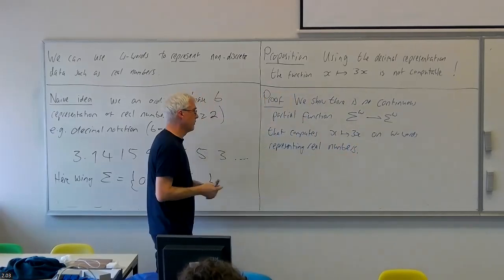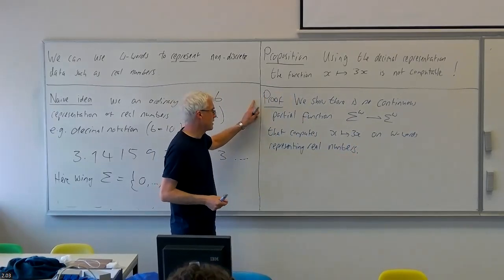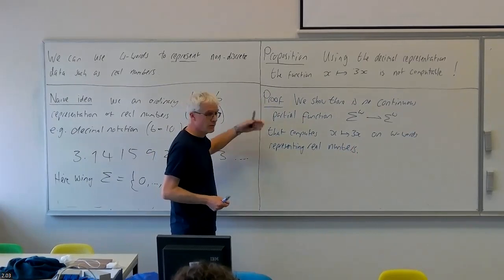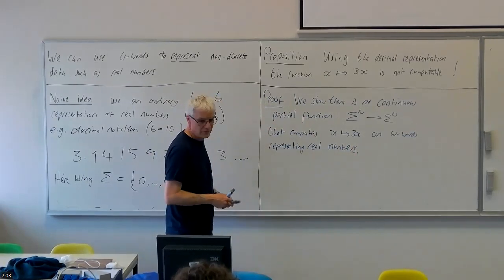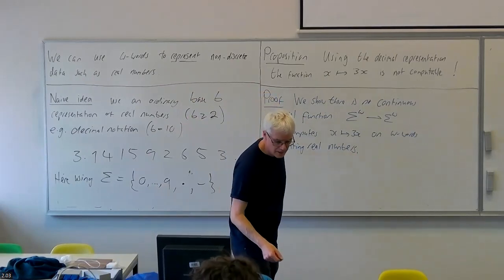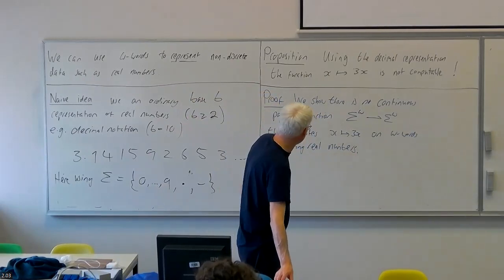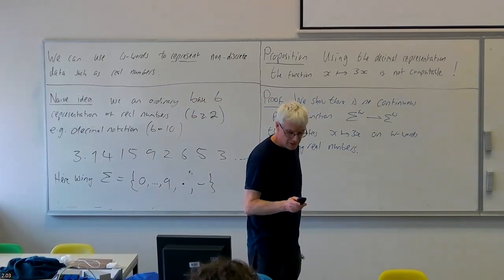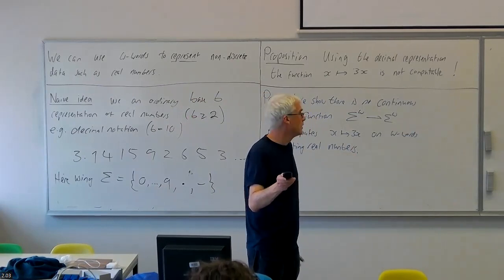By one of the main theorems from the last lecture, if we had a computable function, it would be continuous. So if there doesn't exist such a continuous function, there doesn't exist a computable function. Okay, so how can we show there's no continuous function?